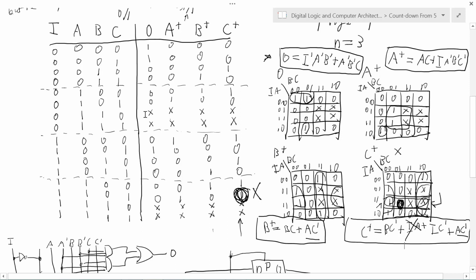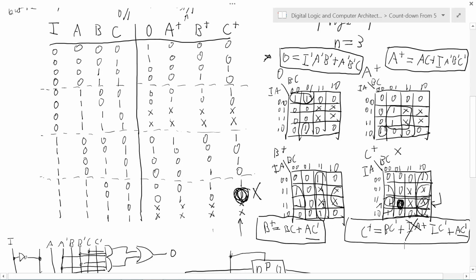There's always a power of 2 states, but the states that we don't use, we can list them as don't cares here and here in the edge graph or in the truth table because they're not shown in the state diagram. So this can be useful in simplifying our digital logic circuitry significantly.